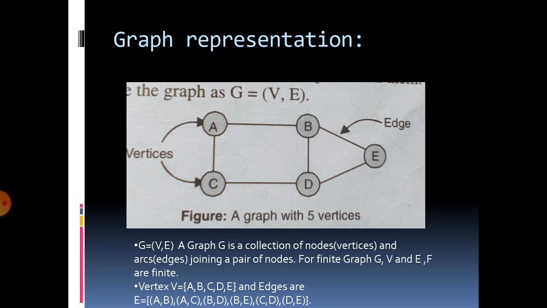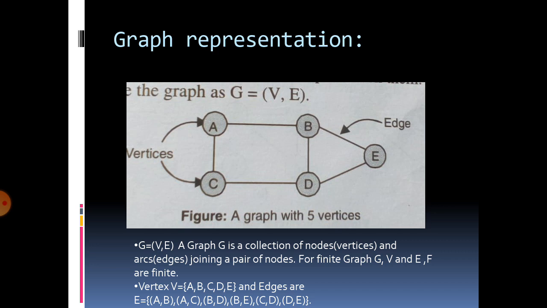Like that we can represent a graph. Here A communicates with C, and B also has edges to D and E. If you have more than one predecessor and successor, this is represented with the help of a graph. Even a vertex can communicate with itself.